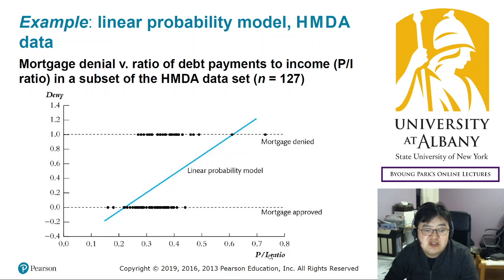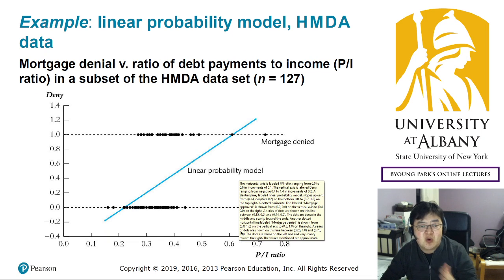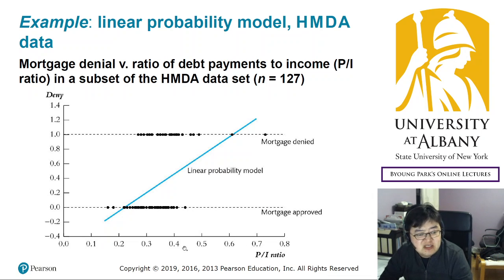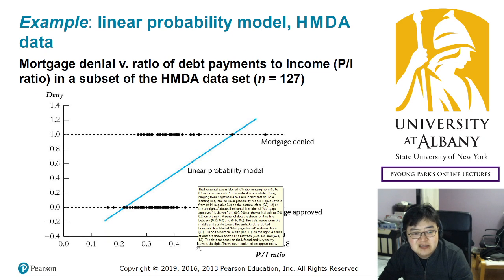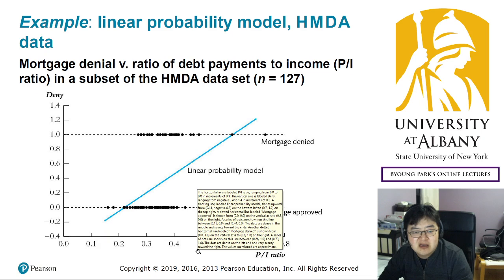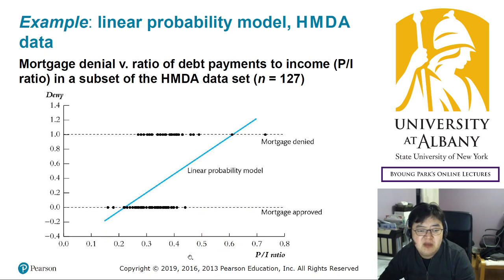As your income increases, the PI ratio will go down. But if your payment increases, your PI ratio will go up. As the PI ratio increases, your application will be more likely to be rejected. That is predicted by the linear probability model.